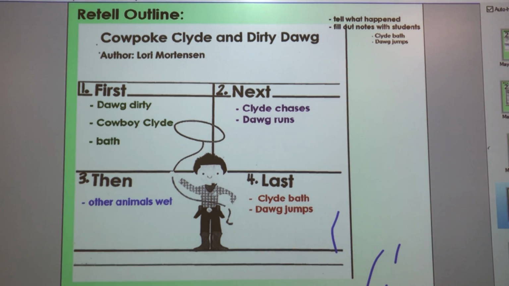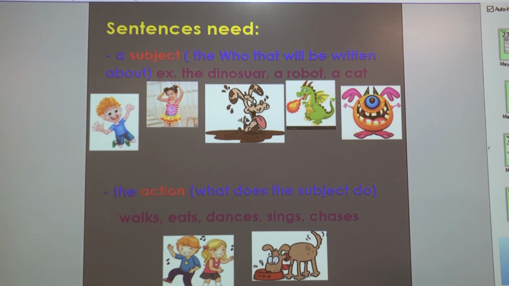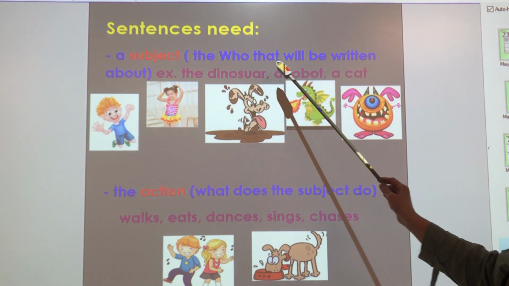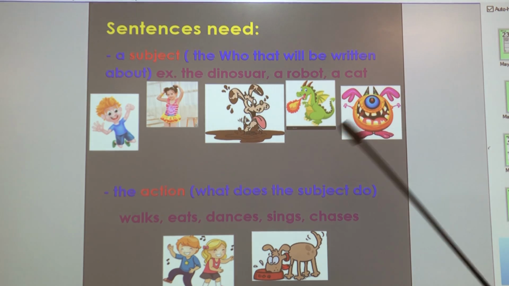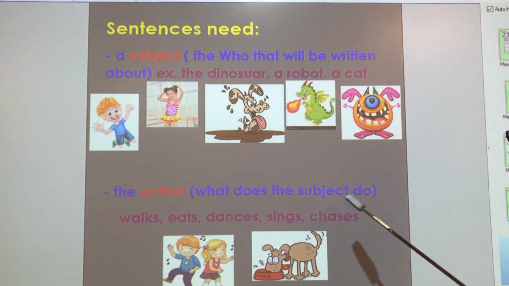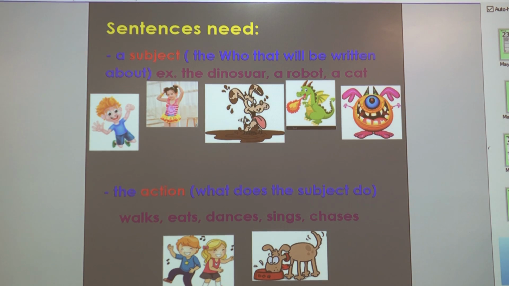Every time I wiggle my arm, this goes smaller. What do we need to remember for sentences? Well, sentences need a subject. The who that will be written about. We know that we have dog and Cowpoke Clyde. The action, what does the subject do? Walk, eat, dance, sing, chases. Well, we know that there's going to be some chasing involved.